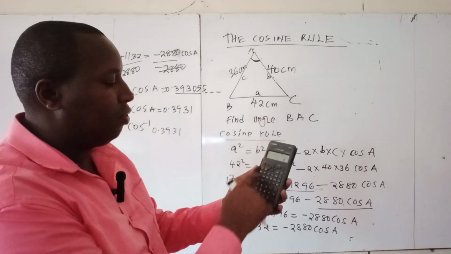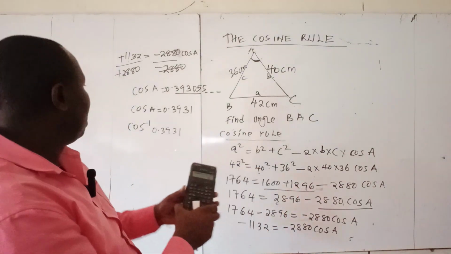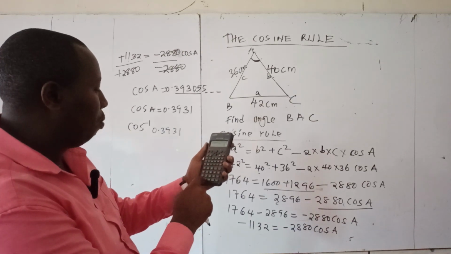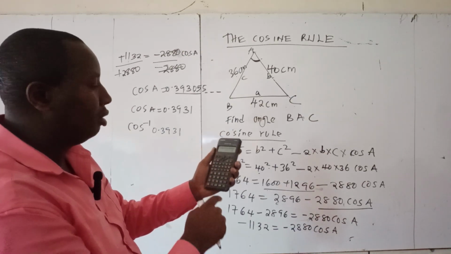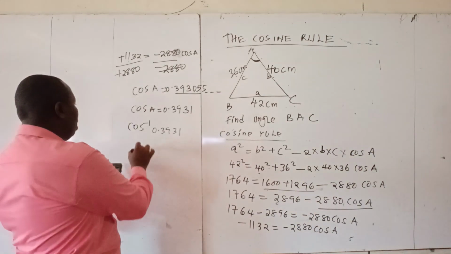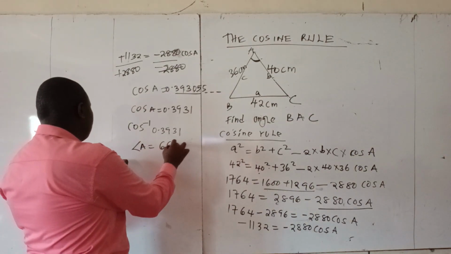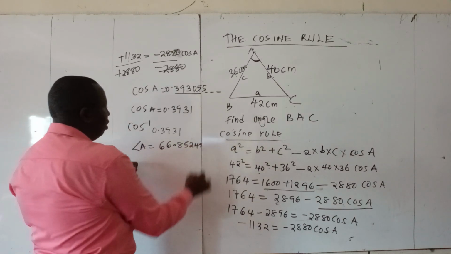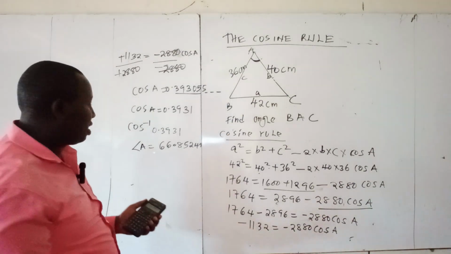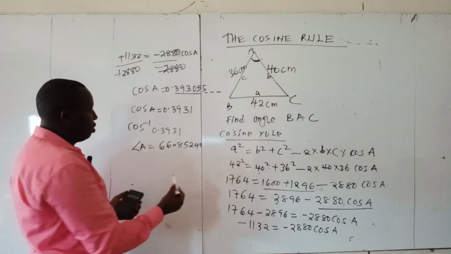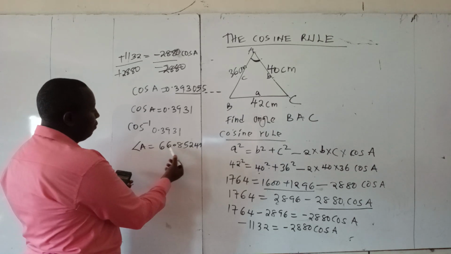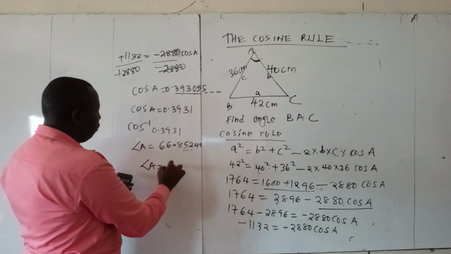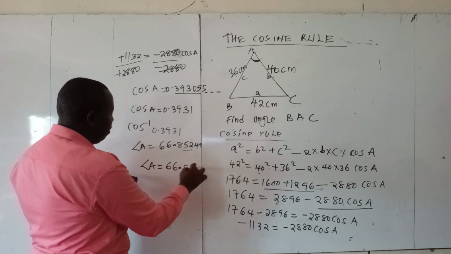Press shift cos, you get cos inverse, then you put 0.3931 equals, and this will be the value of angle A, 66.85247. If you are to give your answer to 4 significant figures, count 1, 2, 3, 4. The fifth one is less, so angle A given to 4 significant figures is 66.85 degrees.